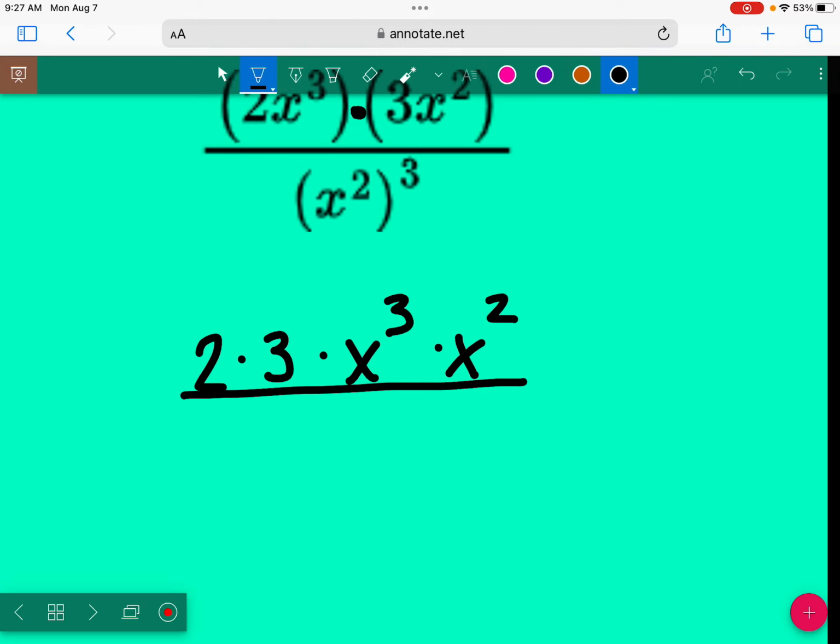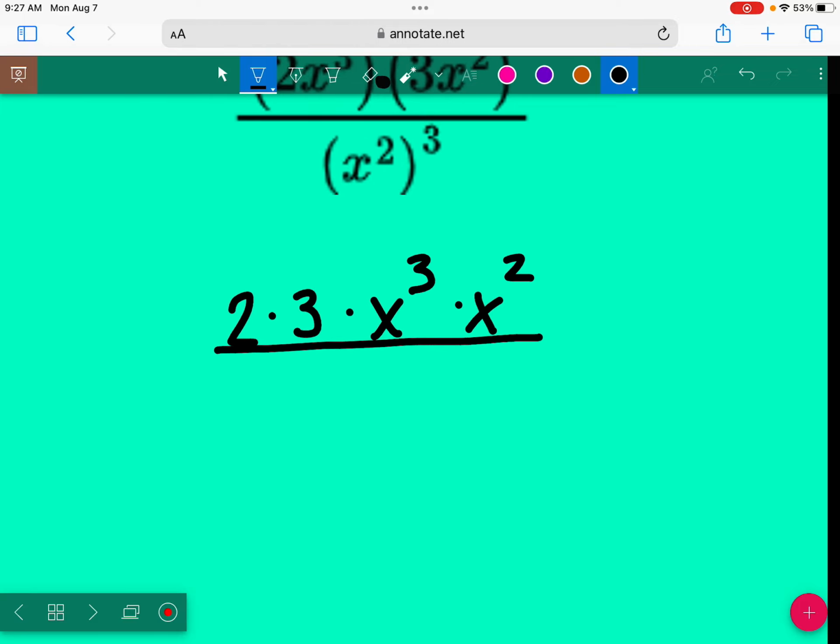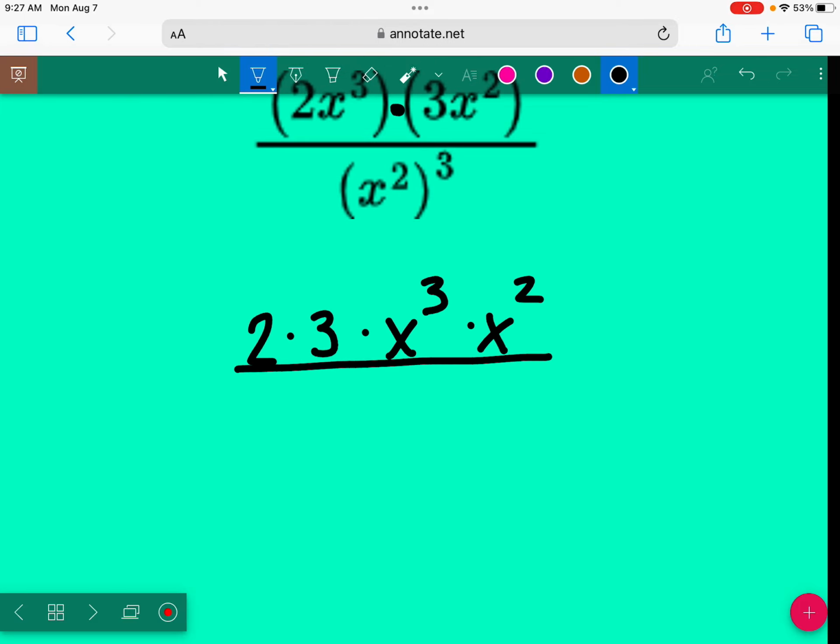You do not have to write that step if it doesn't help you. I will always write more steps than you necessarily have to have, but for somebody, that's going to help. So 2 times 3 gives us 6, and we get x to the 5th. The bases are multiplied, so we add our exponents.